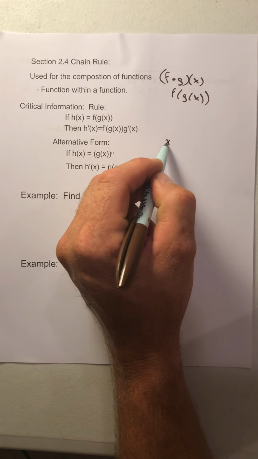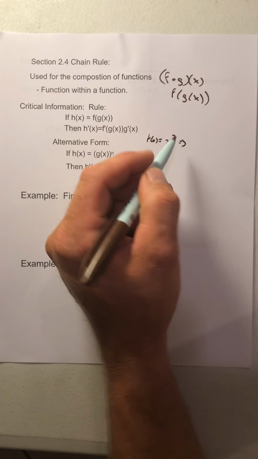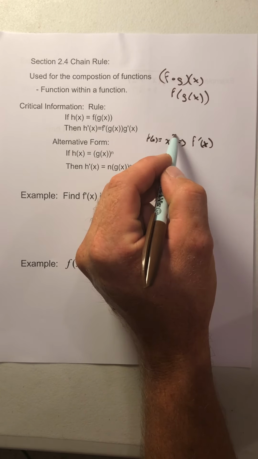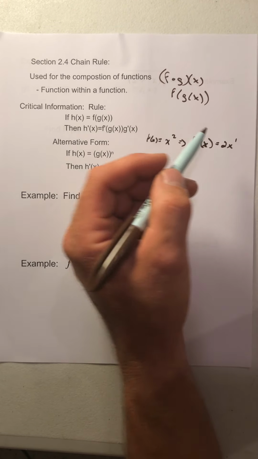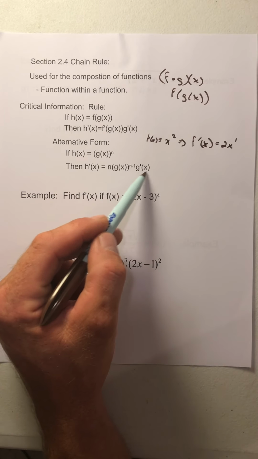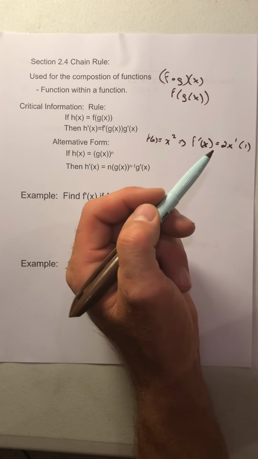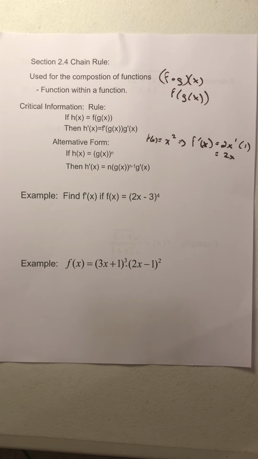So if we had just x squared as our function, we took that derivative, f prime of x, we took the 2 to the front, and then we decreased the exponent by 1. What this is telling us to do is to also take the derivative of that function. Well, the derivative of x is 1, so I would end up with a 2x. So we can think of the power rule as being a chain rule, but we don't necessarily need to.